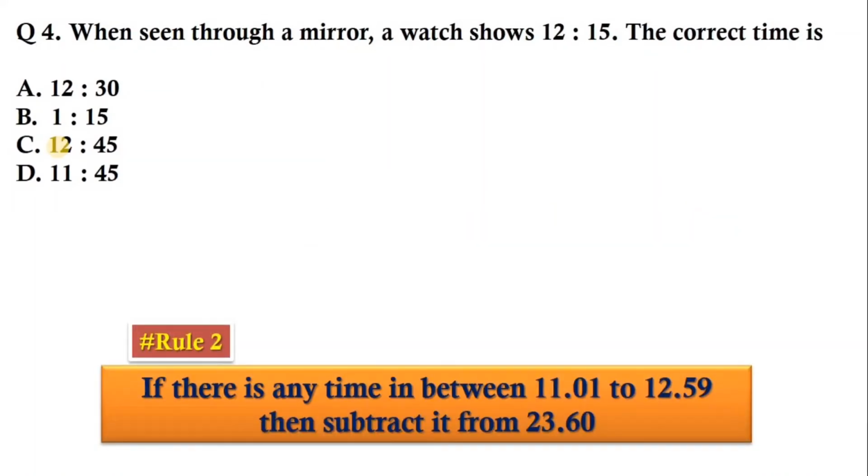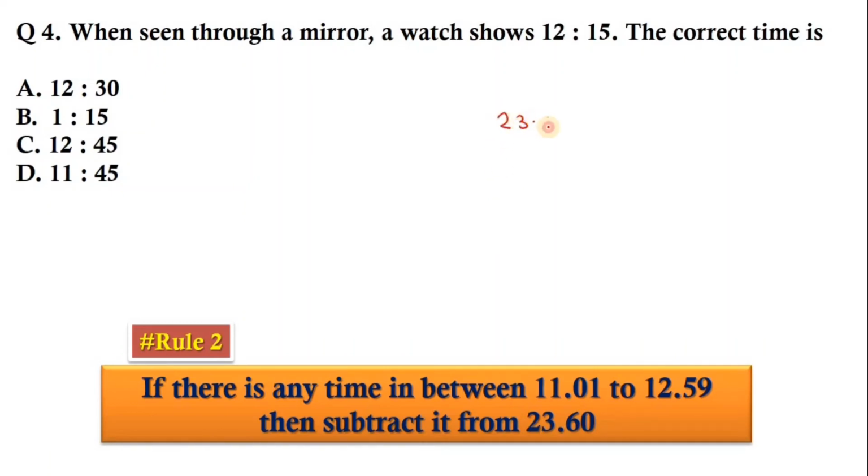If there is any time in between 10:01 to 12:59, then we have to subtract it from 23:60. So it is past 10:59, so we are not using rule number 1. We have to use rule number 2, in which the time lies in this range. So we have to subtract from 23:60.